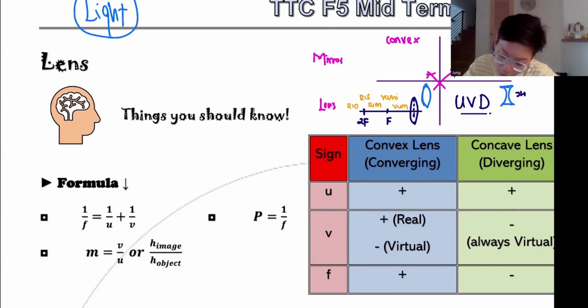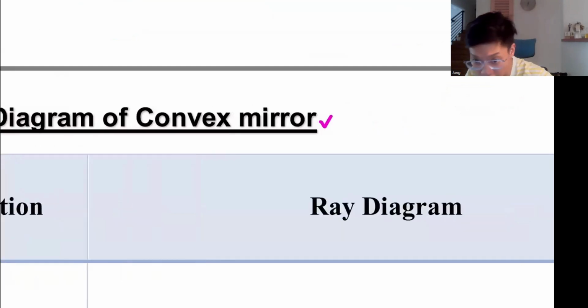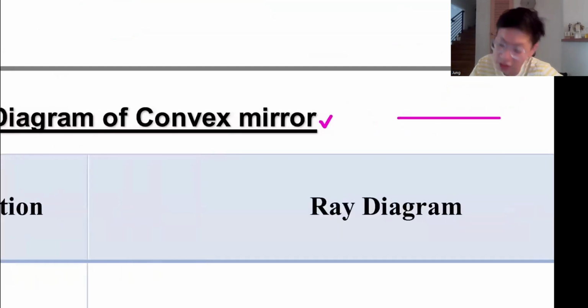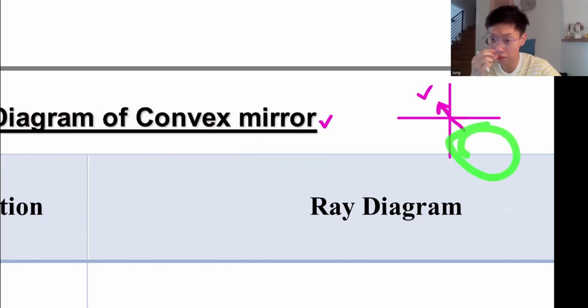Okay, so when we look at this, this is a convex mirror. Okay, guys, this is a convex mirror. Right? So if this is a convex mirror, which side is it? Convex mirror is this side, right? Correct. Which is the same as this side, right? So what was the alphabet on the right bottom corner here?